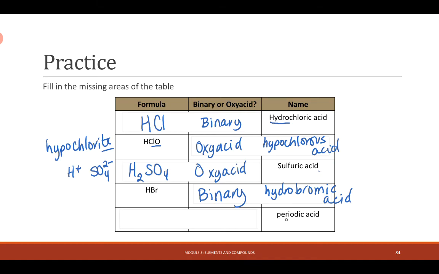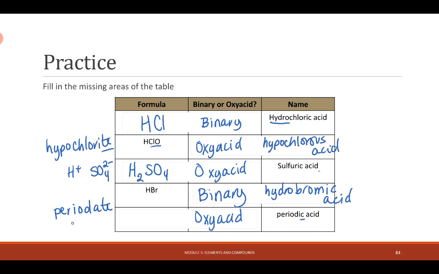Now, that looks like periodic acid, but that's actually pronounced per-iodic acid. That's a polyatomic ion containing oxygen. No hydro up here, so this is an oxyacid. So that ends with ic, and so that's periodate.